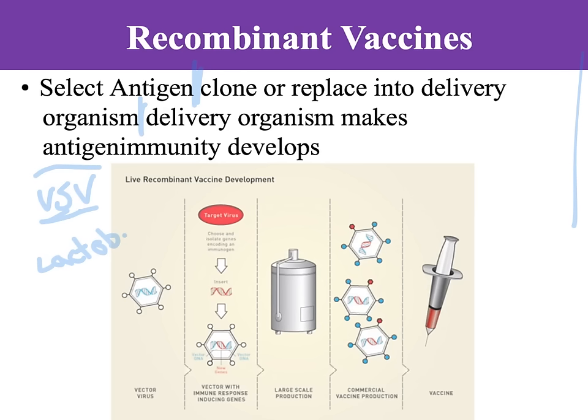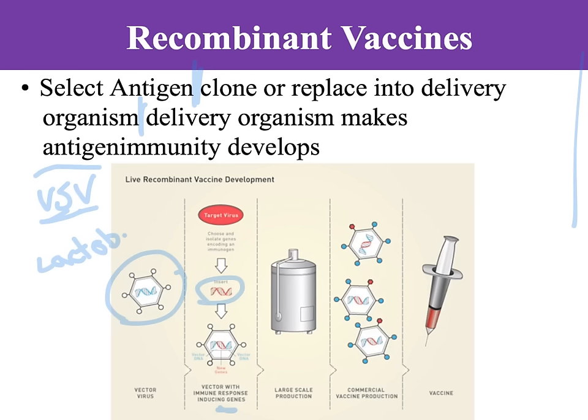But anyway, the gist of this is that you have your delivery organism, you have your chosen antigen, represented by this red gene against a blue backdrop, and you make what's called a recombinant viral vector, or bacterial if that's what you're using. But in this case, if we're talking about vesicular stomatitis virus, we're going to be looking at a viral vector.